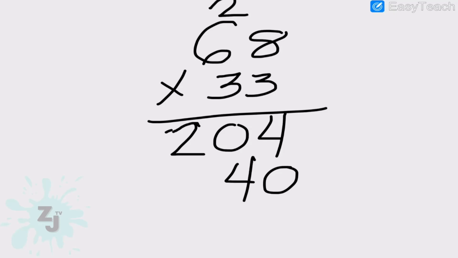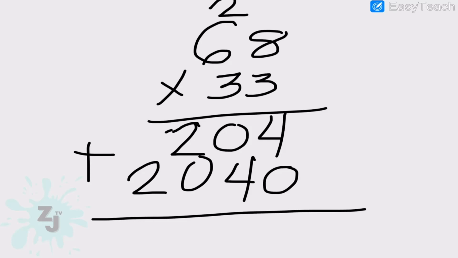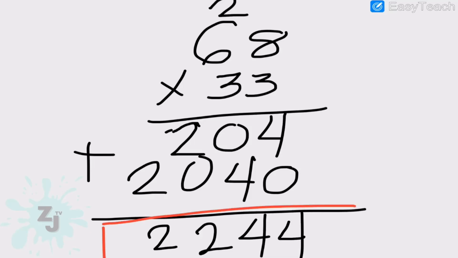We bring up 2 again, and 6 times 3 is 18, plus 2 is 20. Then we sum them up. Therefore we have 4 plus 0 is 4, 0 plus 4 is 4, 2 plus 0 is 2, 0 plus 2 is 2. There you have it. That would be the answer. That is 2224.